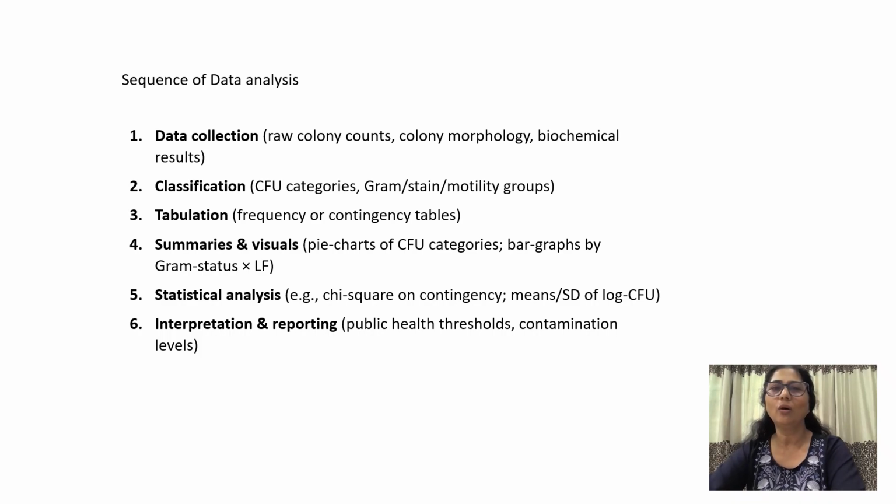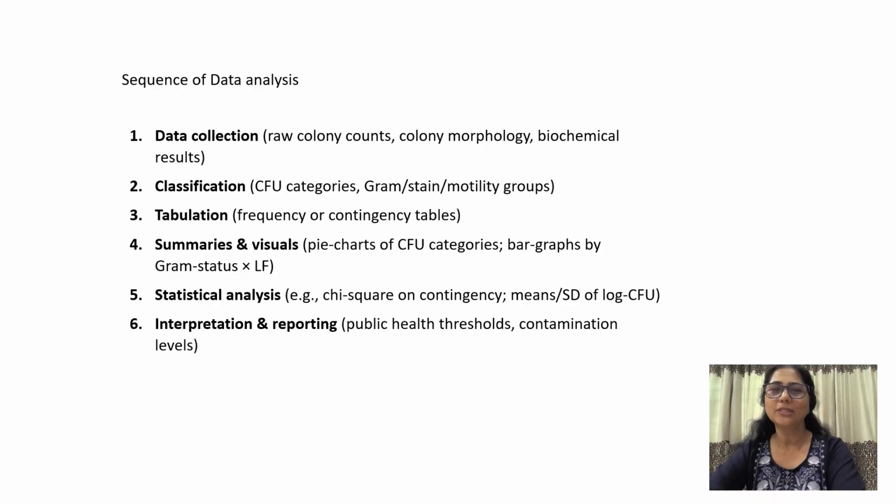This is all our primary data, and we collect it, arrange it in an array, and then classify it, like how many numbers are in a colony, the CFU number, or what type of bacteria, whether it is gram positive or negative, whether it is motile or non-motile. We can easily classify the raw data on the basis of these variables.